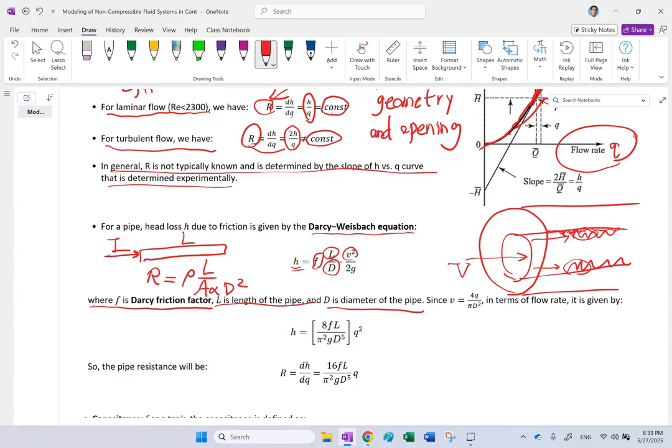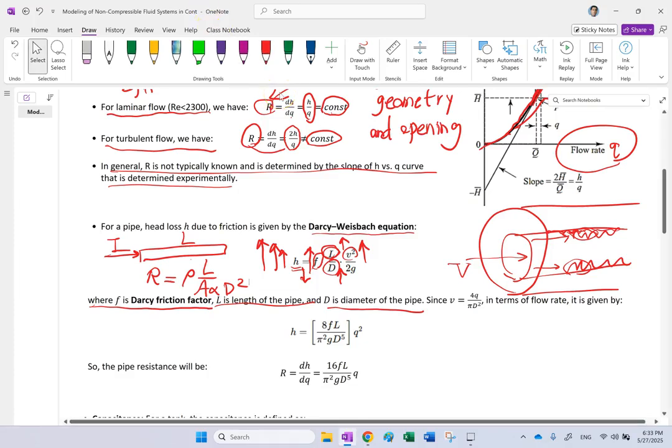Now here it is just proportional to D. So you see that the bigger the diameter of the pipe, the smaller the head loss is. And of course, the rougher the surface, the bigger the head loss, and the bigger the velocity, the bigger the head loss, with a factor of 2.